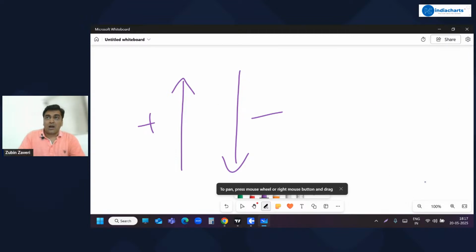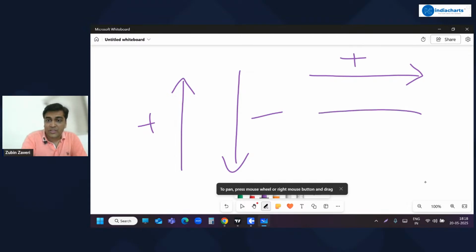Now the strength of that particular index compared to the benchmark is seen on the x-axis. Whenever an arrow is sloping towards the right-hand side, it means the strength is increasing, and if the arrow is facing the left-hand side, it means the strength is decreasing.